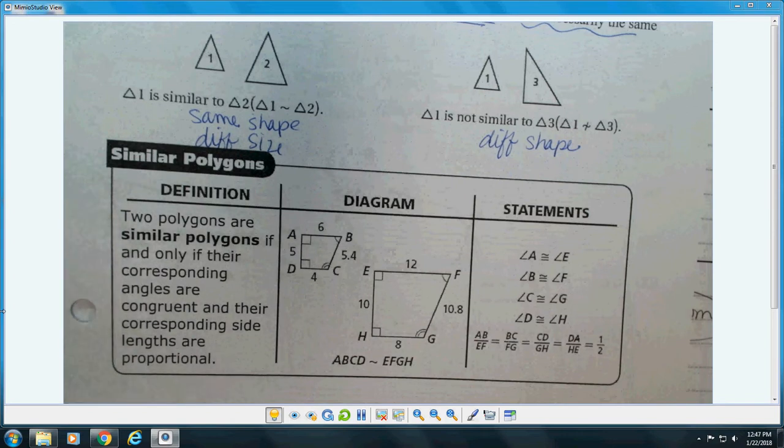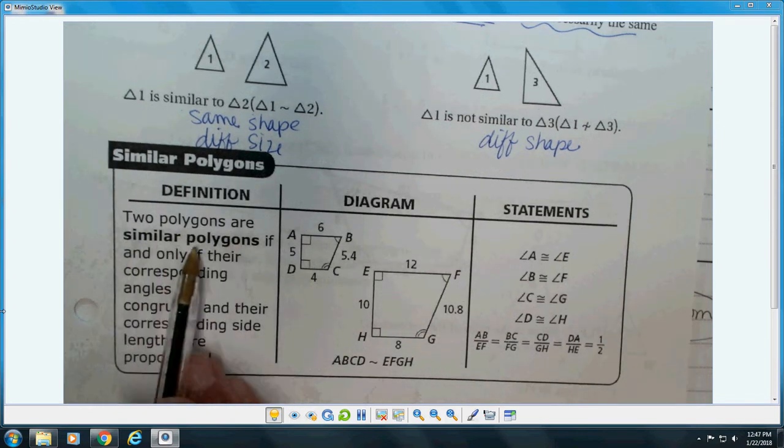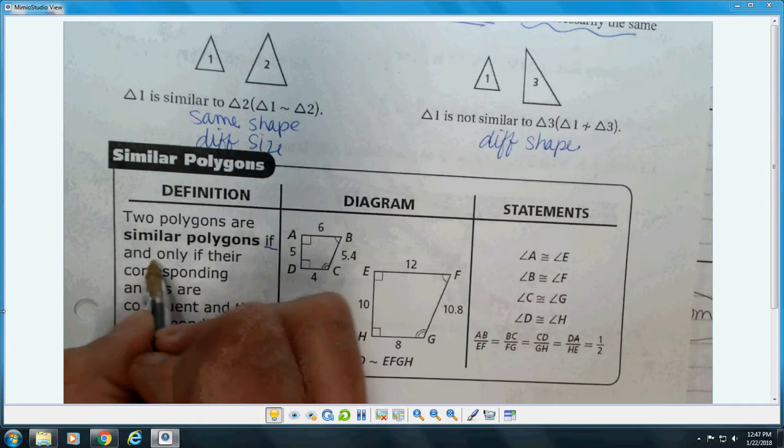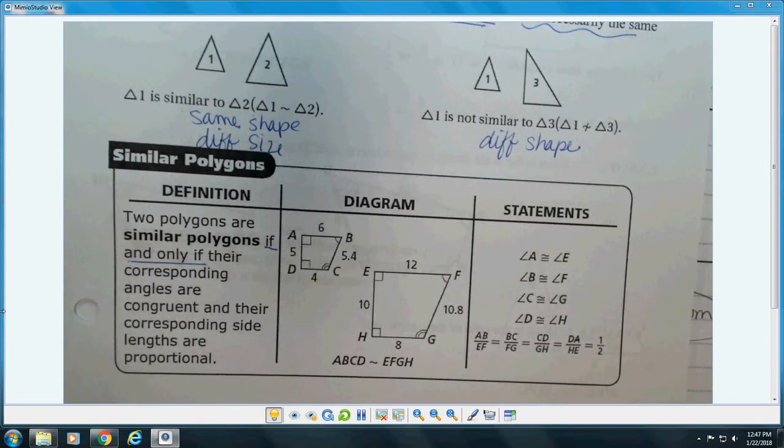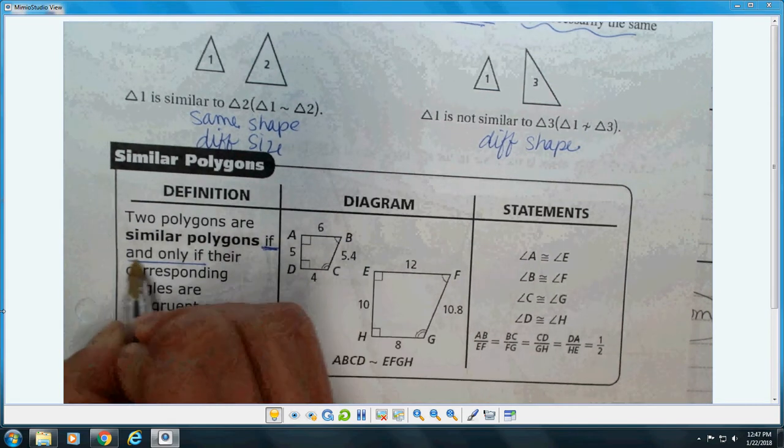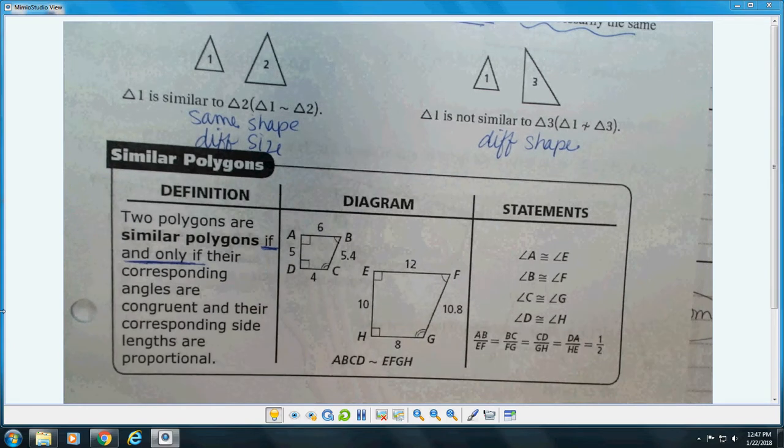So, we have this theorem, or this definition of similar polygons, and it says two polygons are similar polygons if and only if their corresponding angles are congruent and their corresponding side lengths are proportional. Now, if you remember, we had if and only if before. That means it's a biconditional statement, which means it's true both forward and backwards.